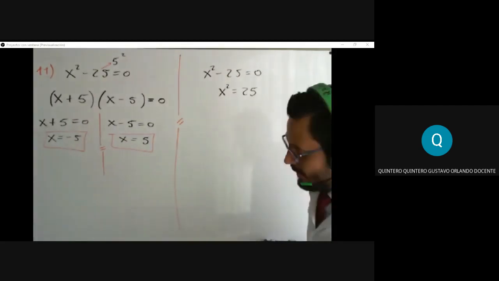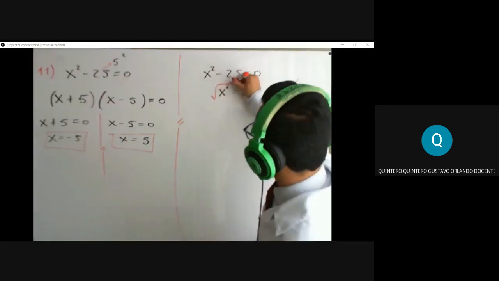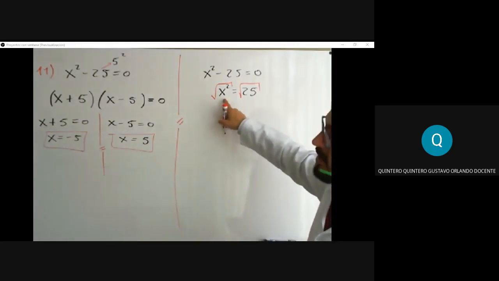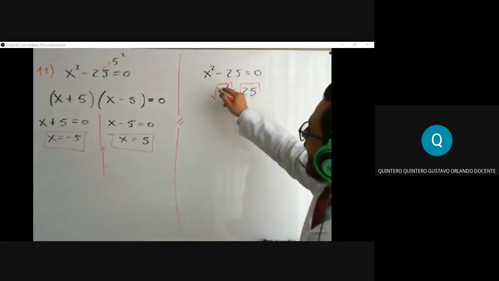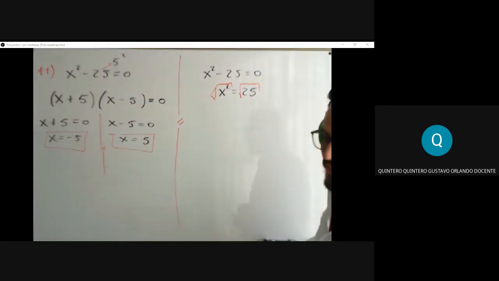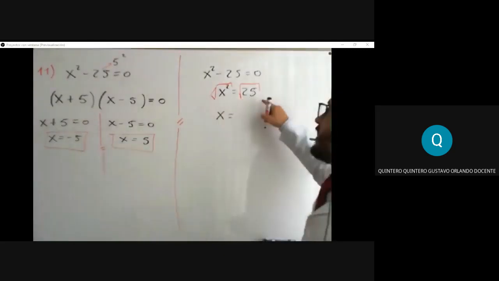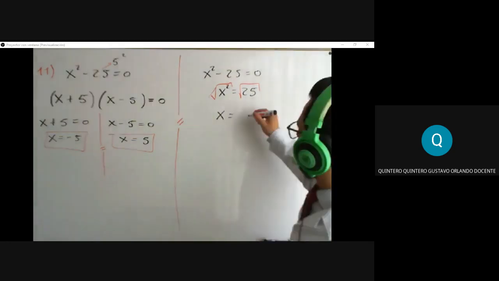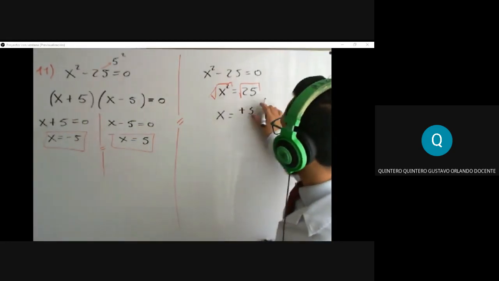And now, if we apply the square root here and here, there's no negative in here. We can cancel the exponent with the root just like that. The solution is going to be x equals the square root of 25. But the square root of 25 is both positive 5 and negative 5.